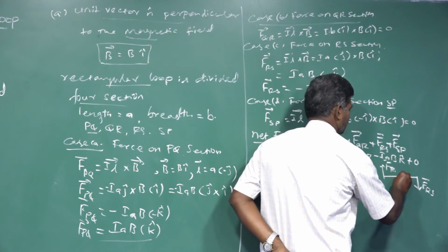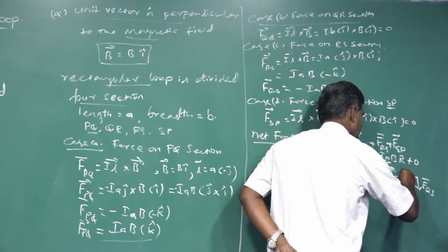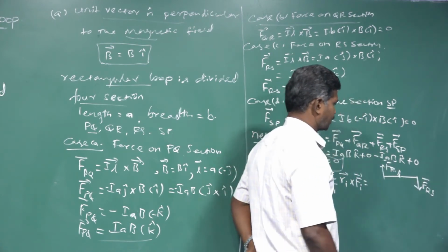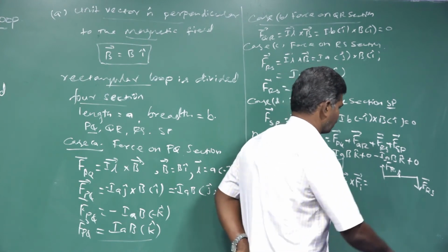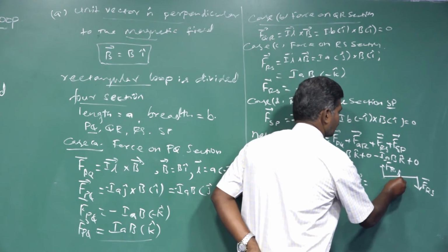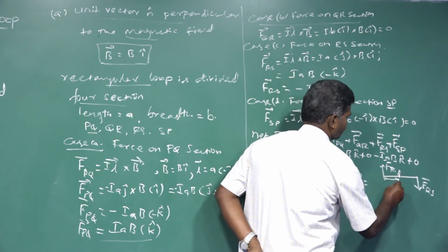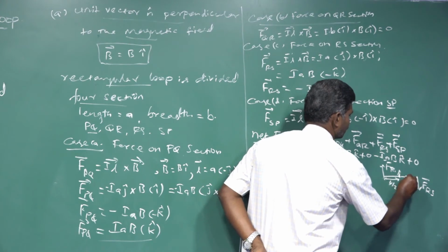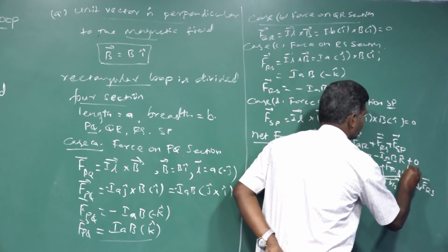The inward one is positive y-axis. We know this is a total breadth, so that's why it can be taken as b by 2, then the remaining also b by 2.